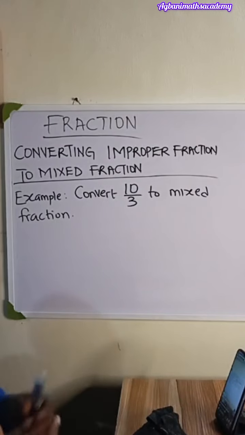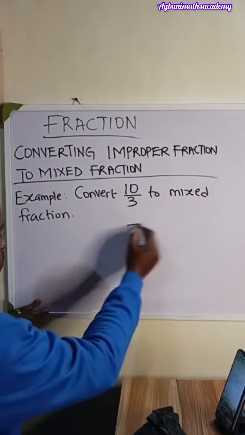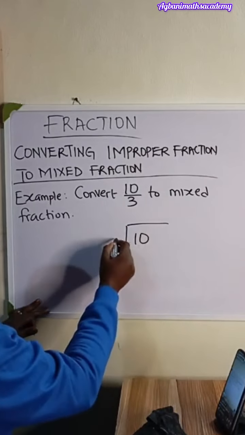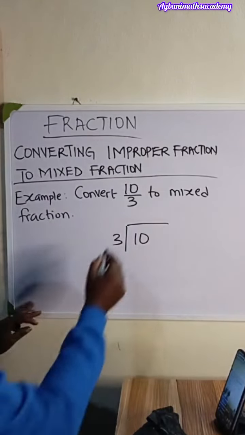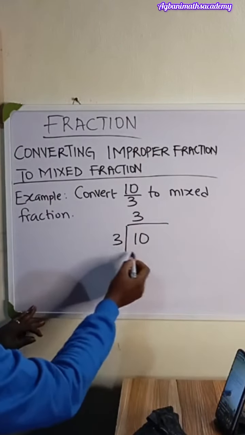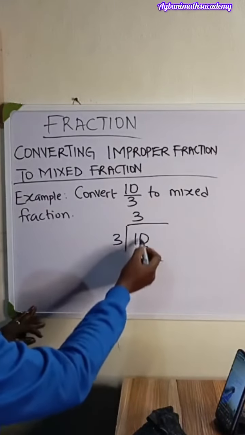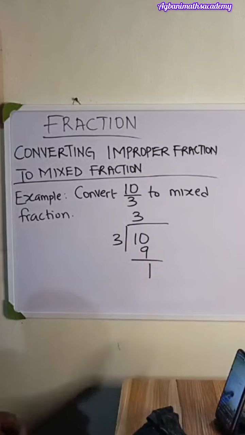So still using the long division method, we have 10 and we have 3. 10 divided by 3 gives you 3. 3 times 3 gives you 9. 10 minus 9 gives you 1.